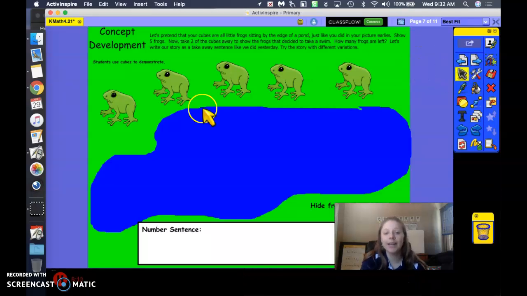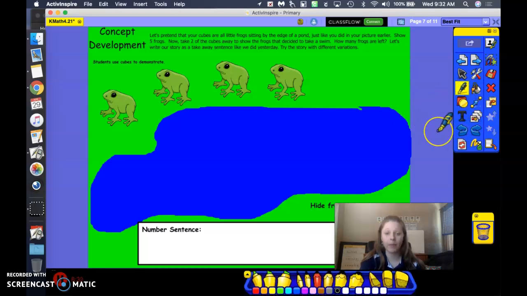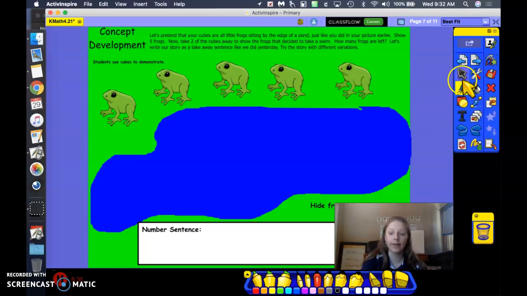We're going to pretend that our cubes are frogs at home if you have some cubes, or you can watch along with me. All right, we have 5 frogs sitting by the pond. Let's take away 1 frog. What would our number sentence be? Remember, let's start with how many frogs we had all together. Count them. Good.